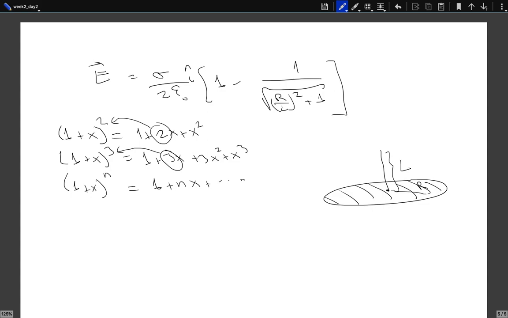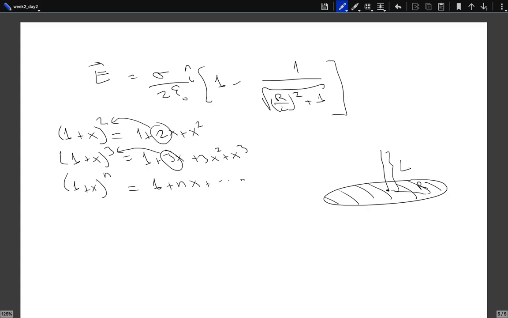It is very small compared to 1, but the higher terms are even smaller. So if x is very small, I can just ignore those terms and throw them away. The term n times x will be the first correction to 1.